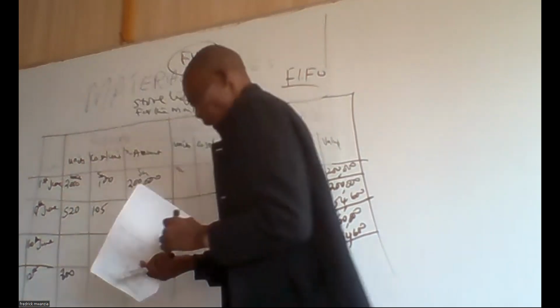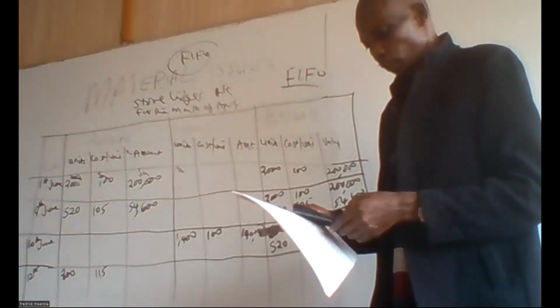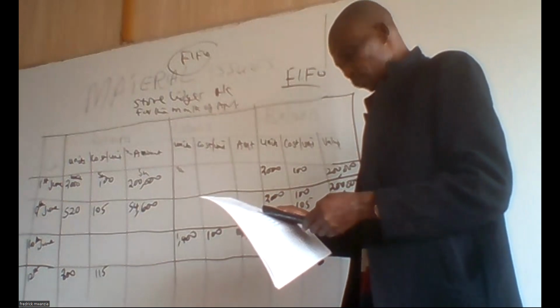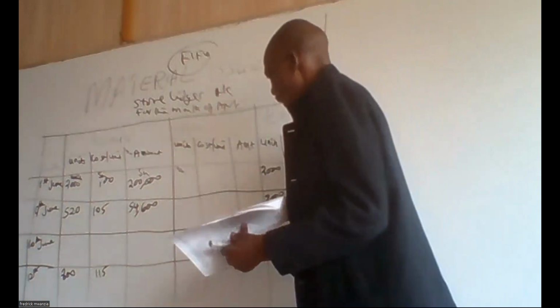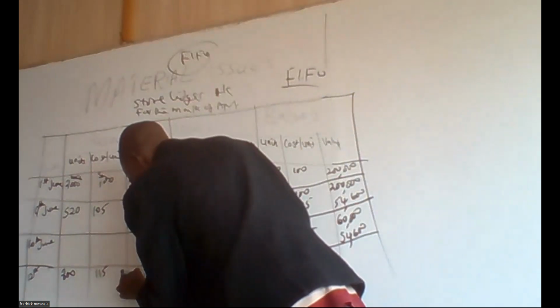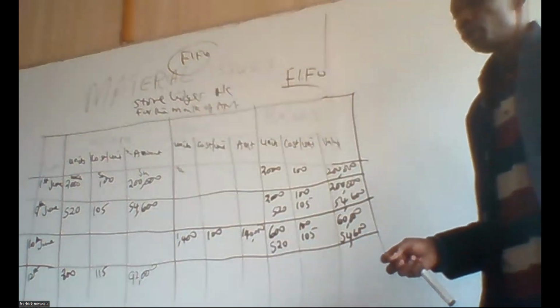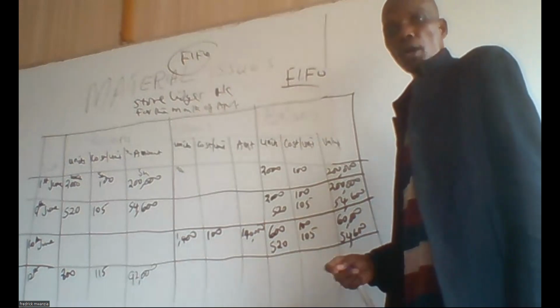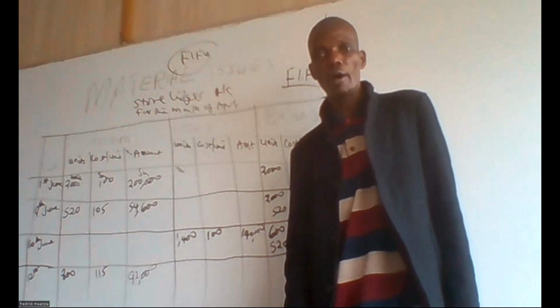So you multiply to determine how much you have received. It is 800 times 115, and that gives you 92,000. So at this point in time, we are receiving a new consignment from the supplier into our store.